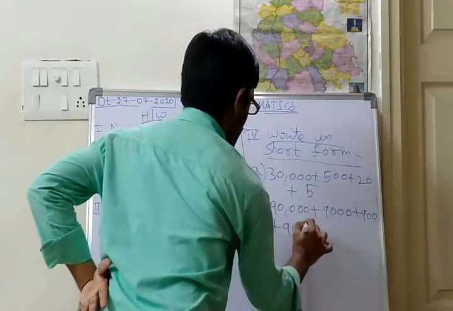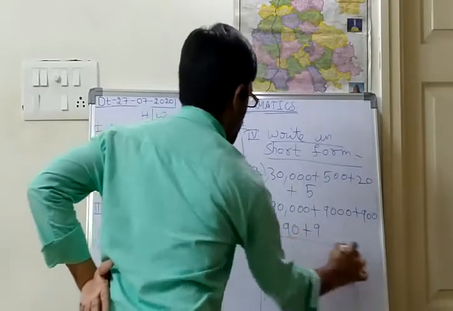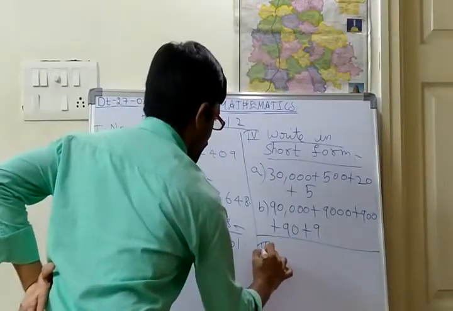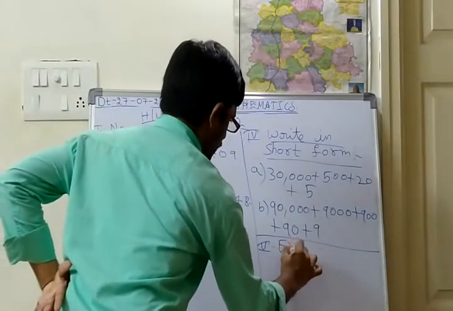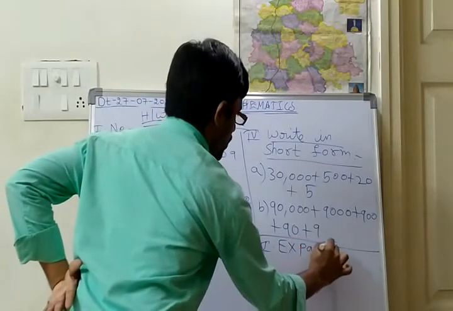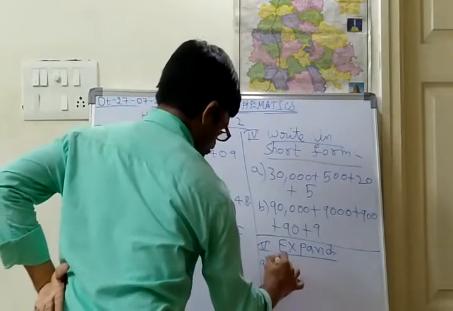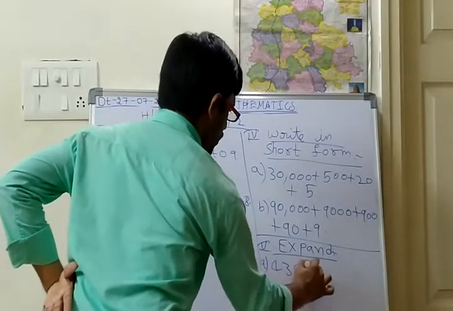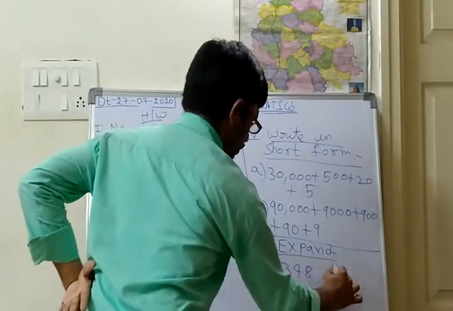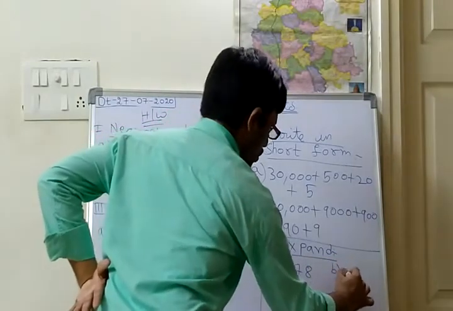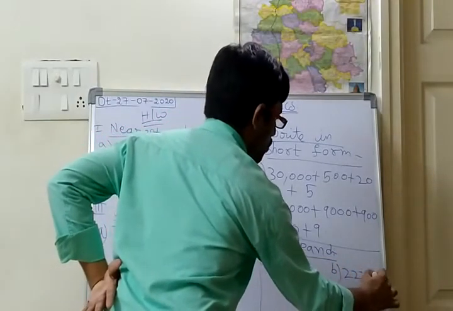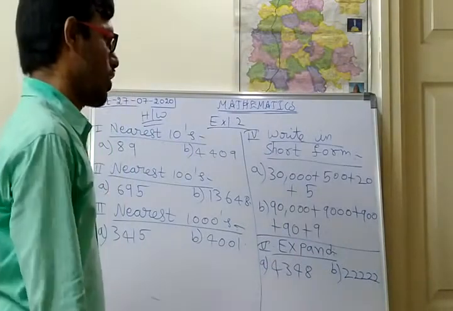So these are the two problems. Next, fifth bit, expand. In the expand there are two problems: A is 4348, and B is 22,222. So these are the problems.